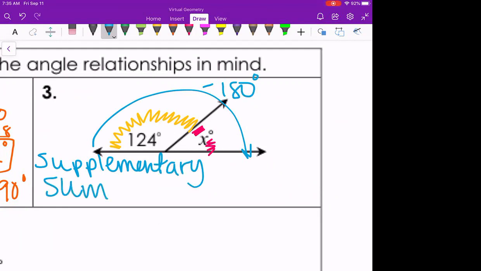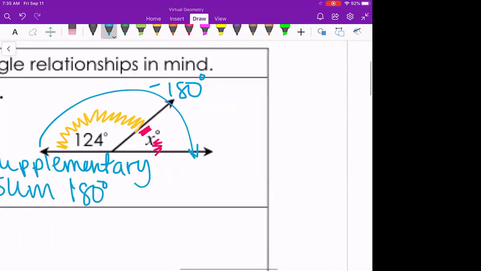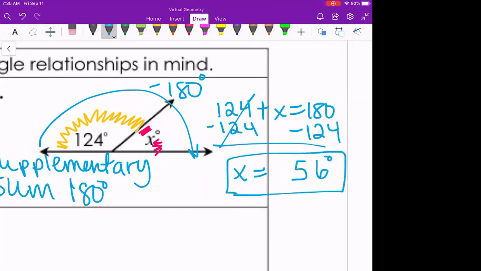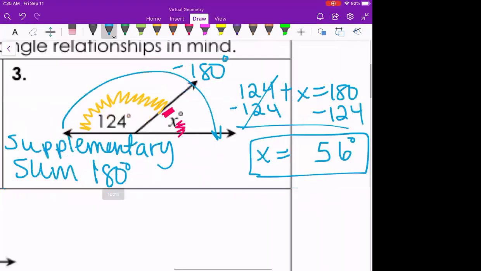So a sum of 180 degrees. So let's solve this one. 124 plus my x should make 180. So out of 180, 124 has been used. So we're going to subtract that away. And my x is equal to 56 degrees. All right, so that's one way we can start using our angle relationships.